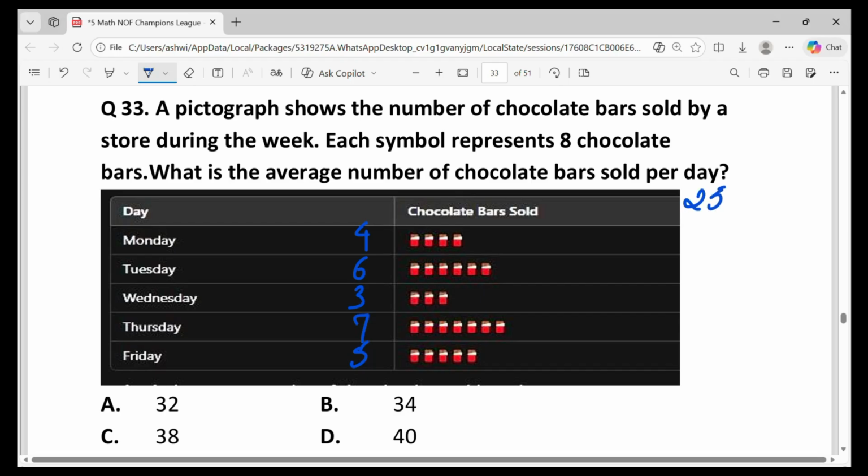So the number of chocolates sold will be 25 into 8, that is equal to 200. The sales occurred over 5 days, so the average number of chocolate bars sold per day is 200 divided by 5, that is equal to 40. So the answer is D, 40.